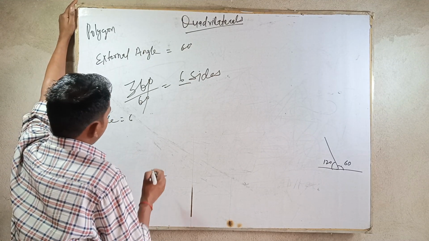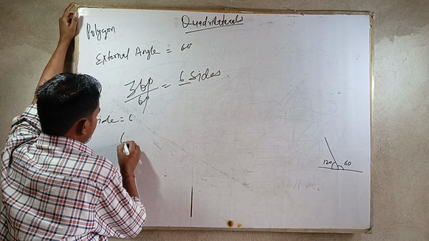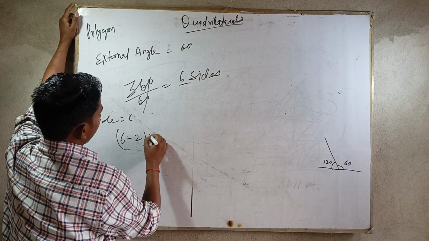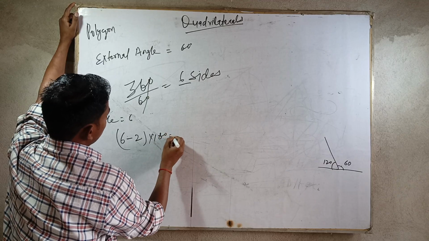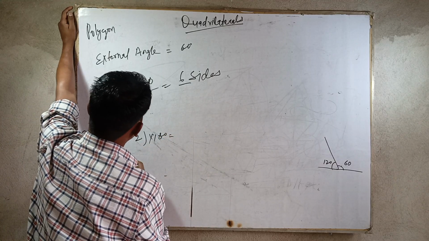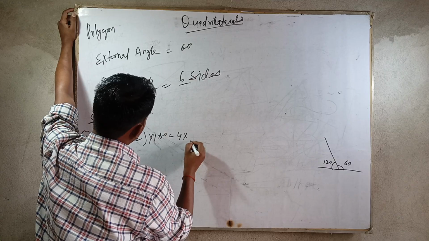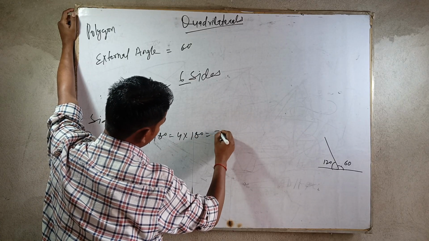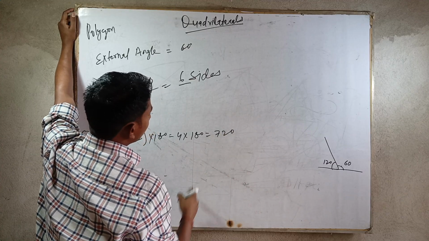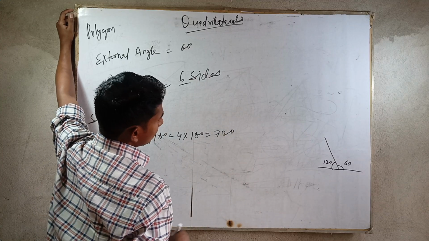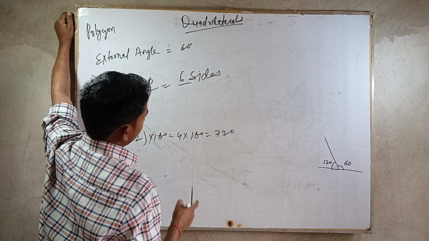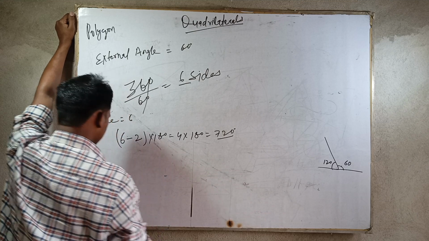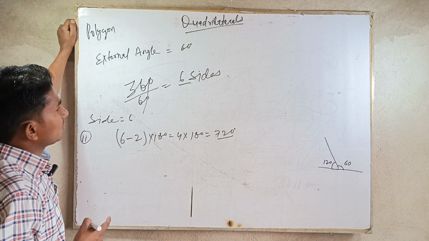Then I know that 6 minus 2 cross 180 is 4 cross 180, which is 720. The sum of its internal angles is 720 degrees. Next, I find out its diagonals.